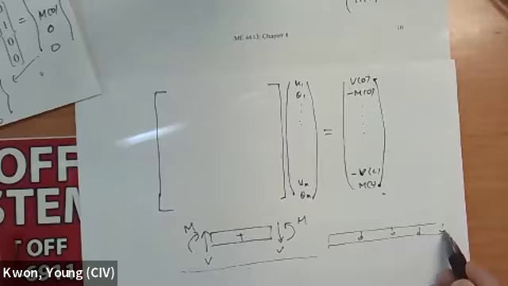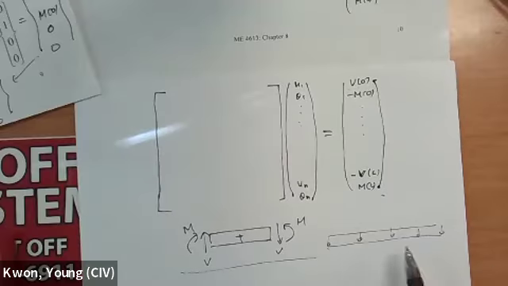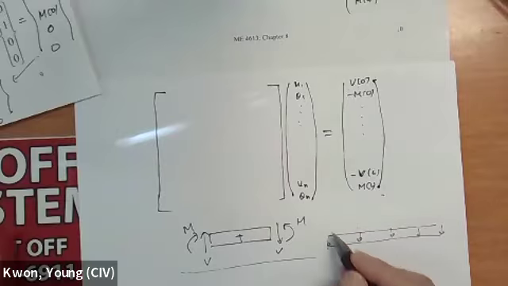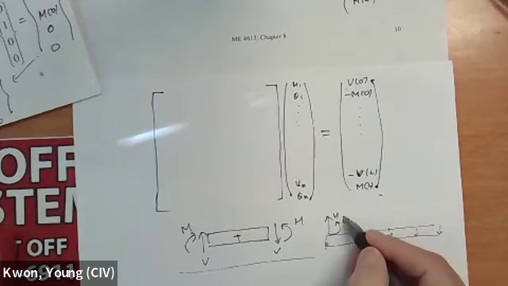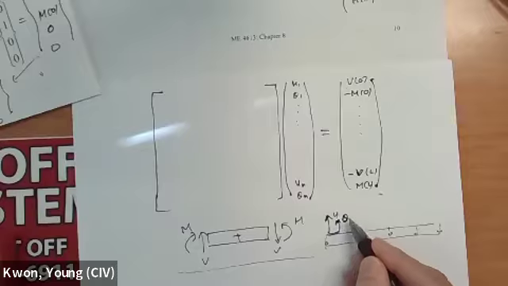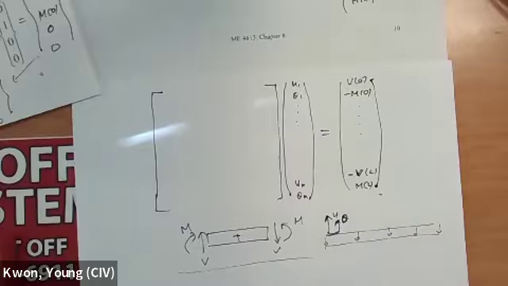Every node. Right? So at every node, if deflection is going to be upward, we define U and theta. We define deflection upward positive, and this is positive counterclockwise, right?